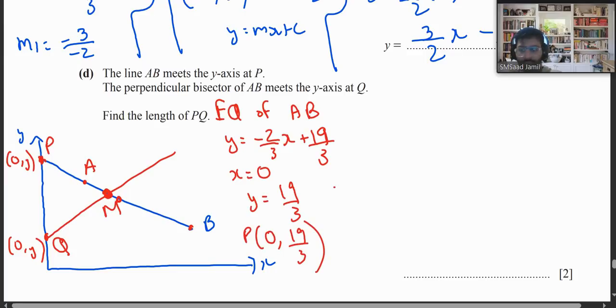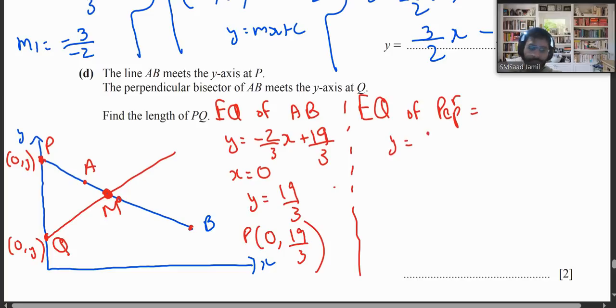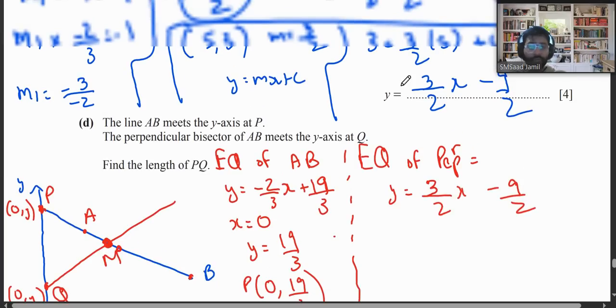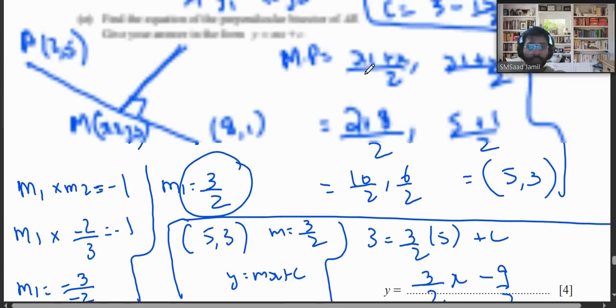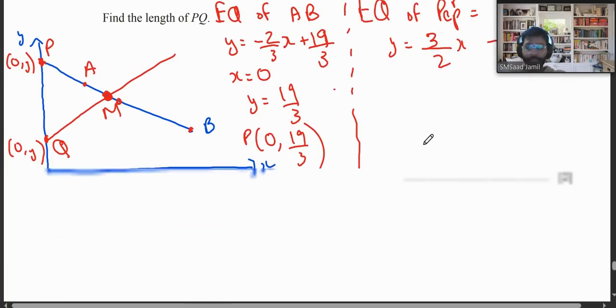Now this is the gradient of the perpendicular line. What's the equation of the perpendicular line? It's y is equal to 3 upon 2x minus 9 upon 2. If you are confused where these values are coming from, look, we solved it earlier.